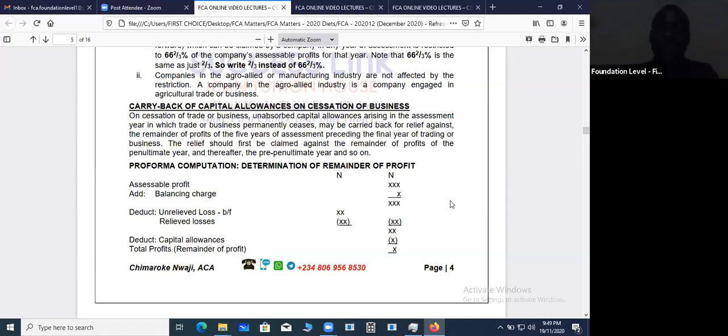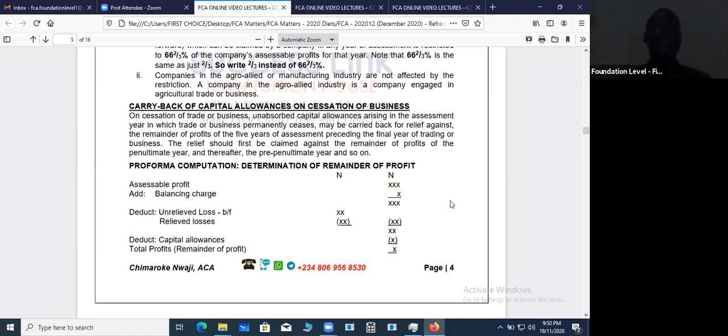Instead of carrying your capital allowance forward because you don't have any business, start carrying it backward. So you are in the ultimate year, you carry it backward to the penultimate year. If you cannot clear it, you carry it backward for 5 years. If 5 years cannot clear all your outstanding capital allowance, after the 5th year, any outstanding is lost.